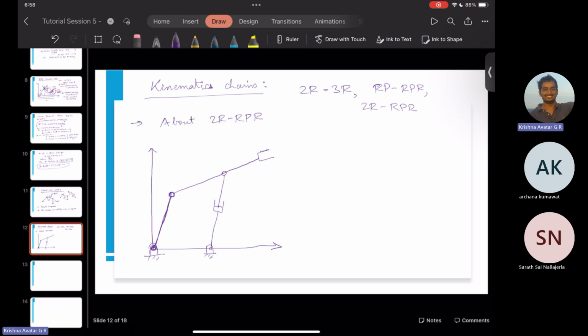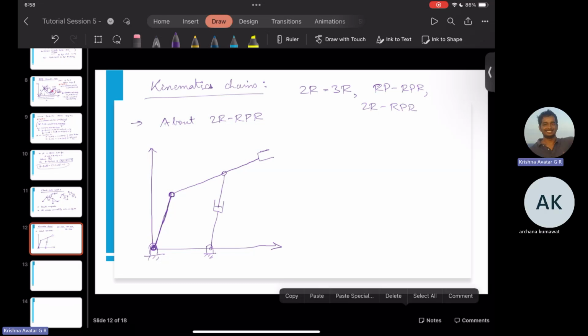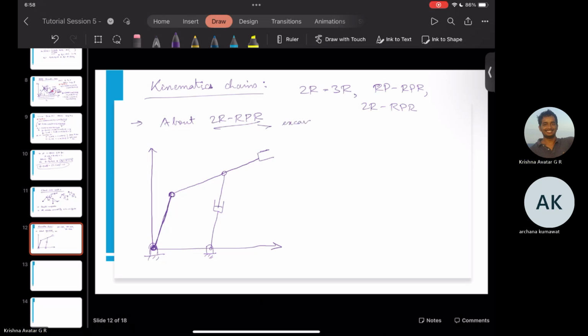Now you'll ask, okay, but where is it used? This particular planar robot is used in an excavator. There is an example, like that soil excavator, right? So for that, we are able to use it. Now in this case, we have this kinematic chain, and this is the other kinematic chain.